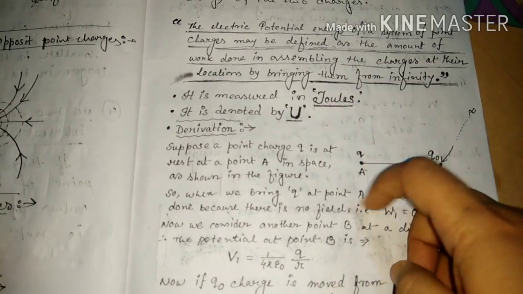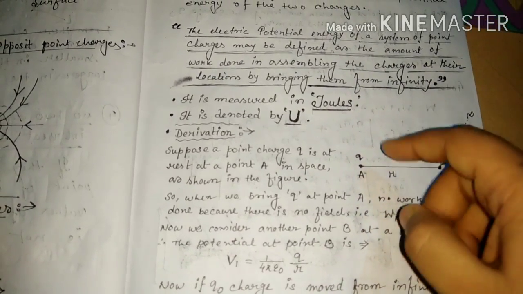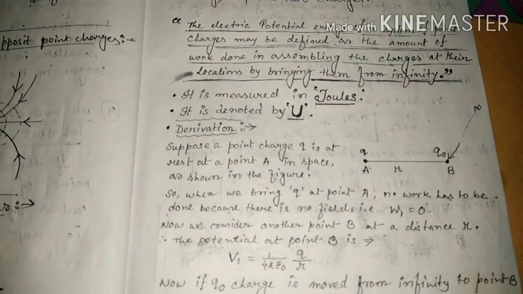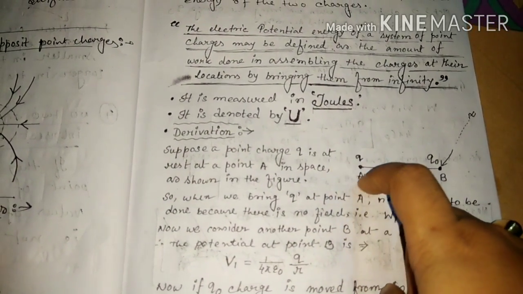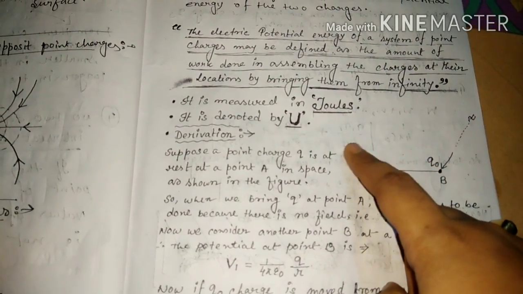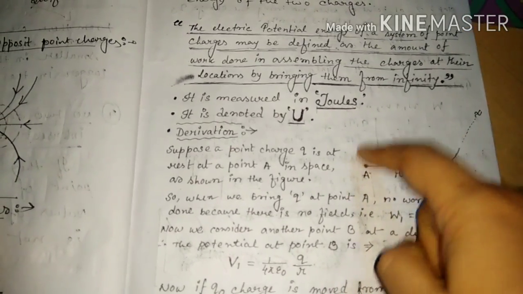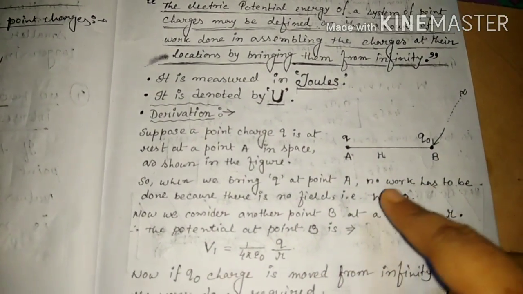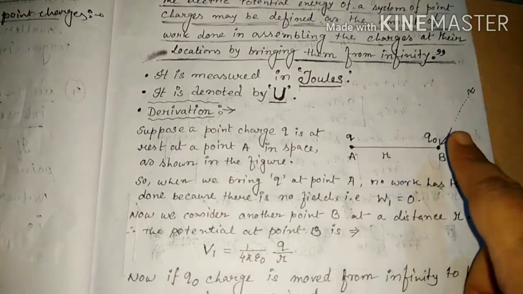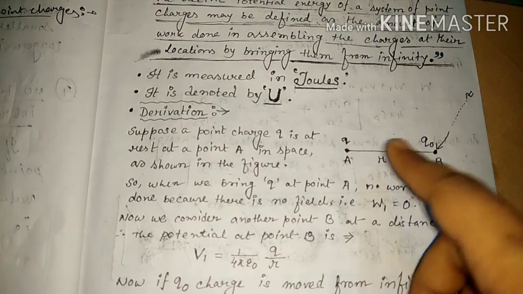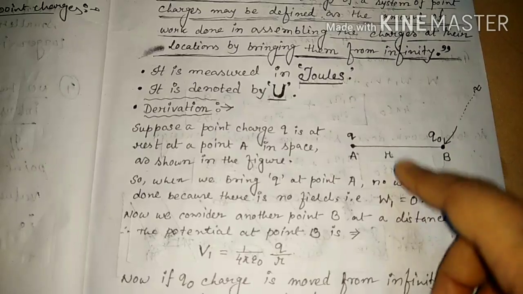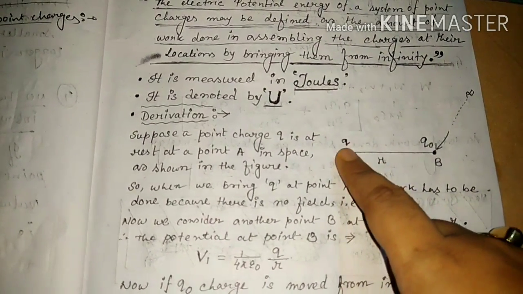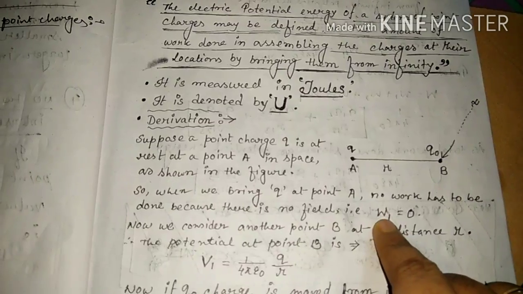So no force is experienced by this charge Q, and no work has to be done. Because there is no electric field, W1 equals 0. W1 is the work done due to the first charge, that's why we denote it by W1.